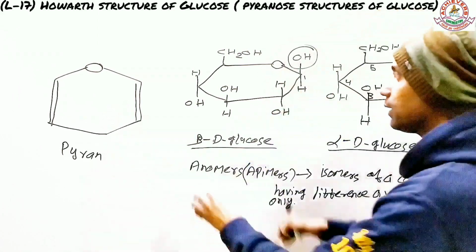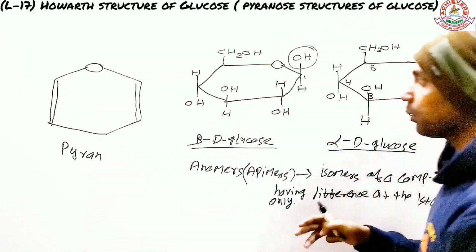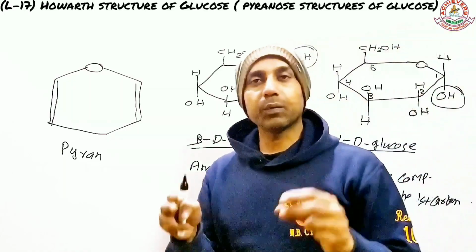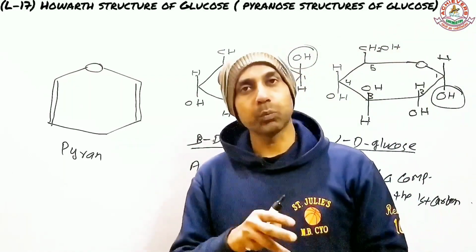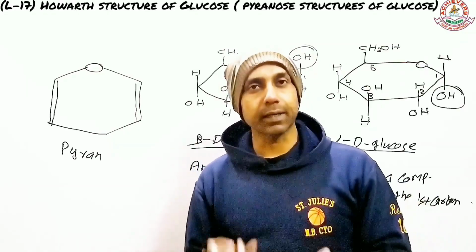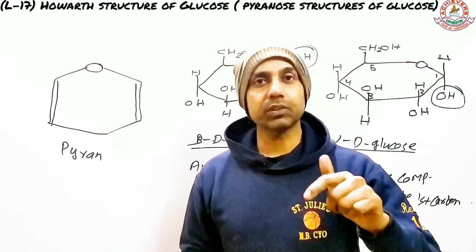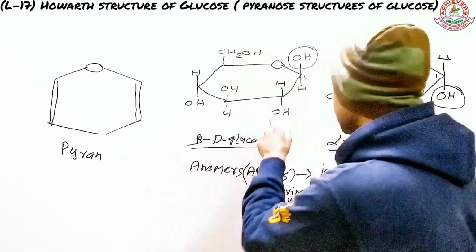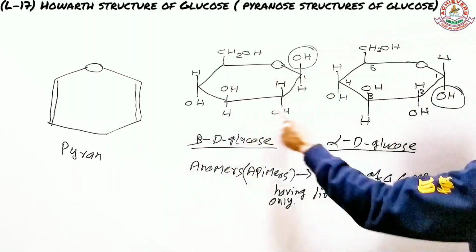If we look at these three structures, we see that these are also 6-membered rings where 5 carbons are in the ring with one oxygen. Because of the structural analogy with pyran, Howarth called these two structures pyranose structures.